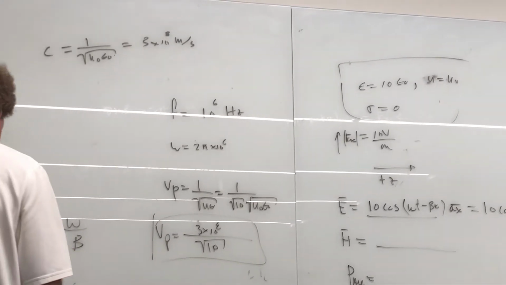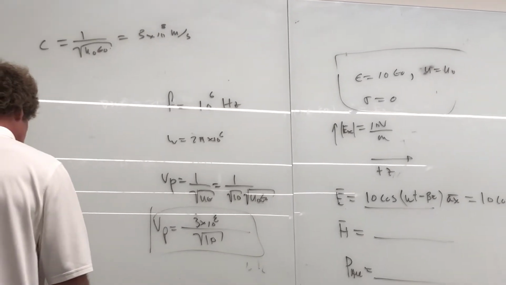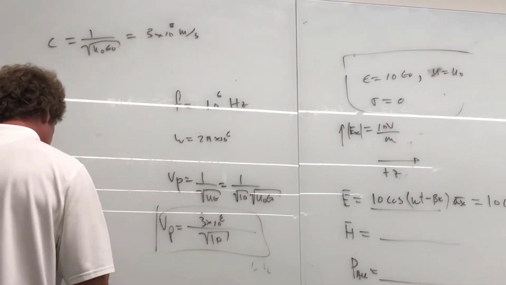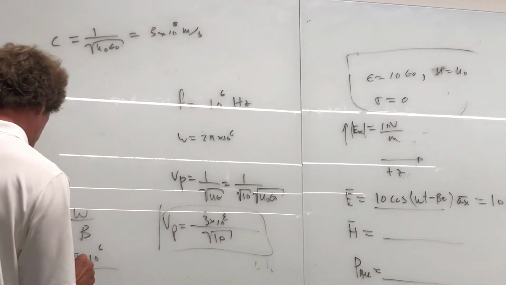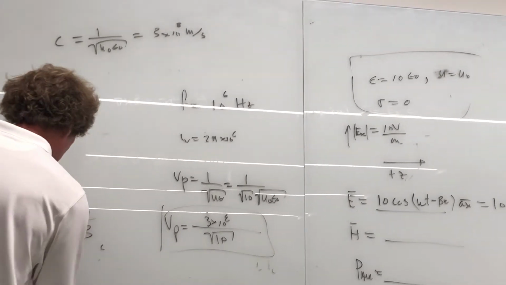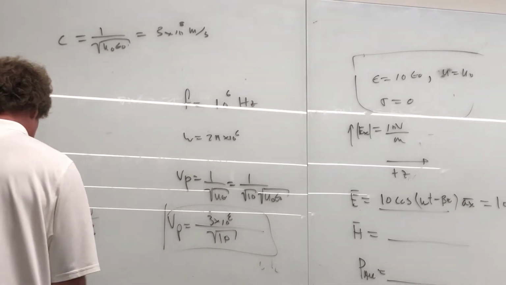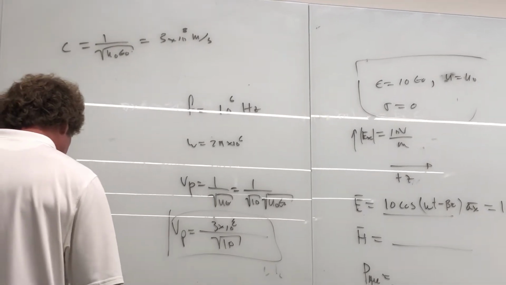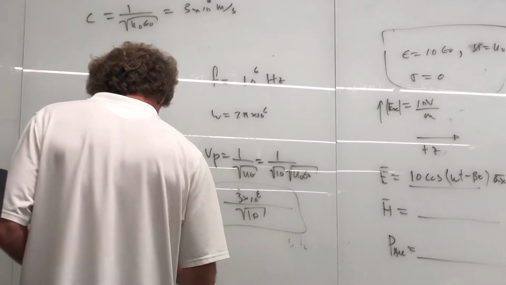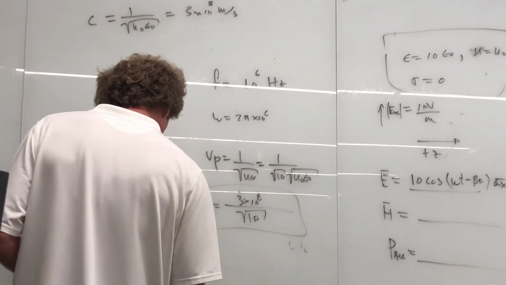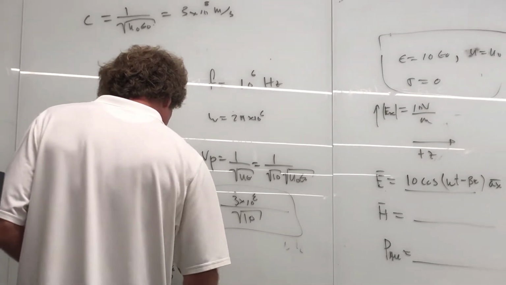So beta is equal to omega over v phase, and that's 2 pi times 10 to the 6th divided by 3 times 10 to the 8th over the square root of 10.